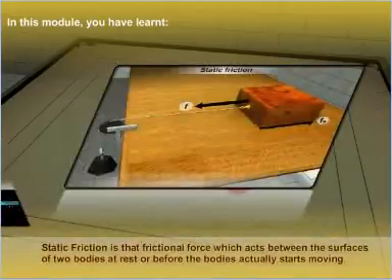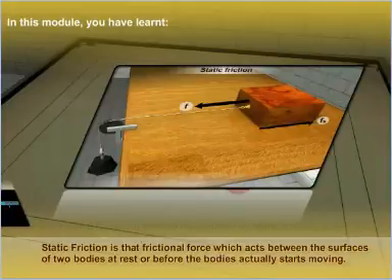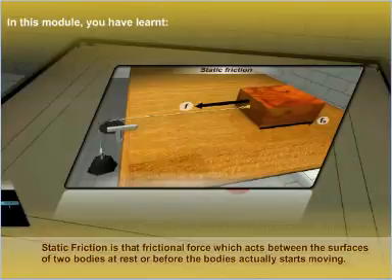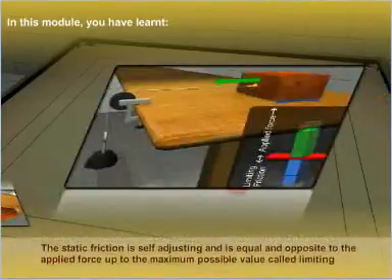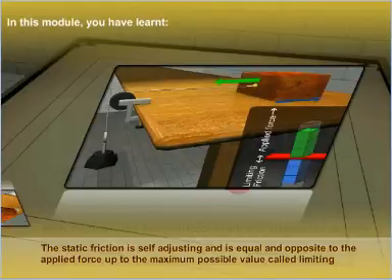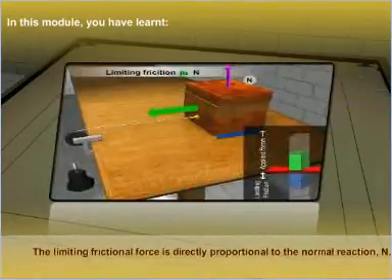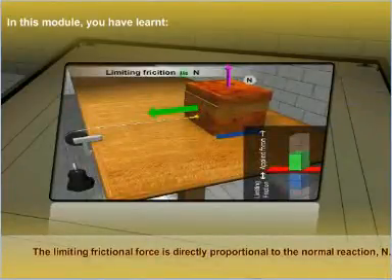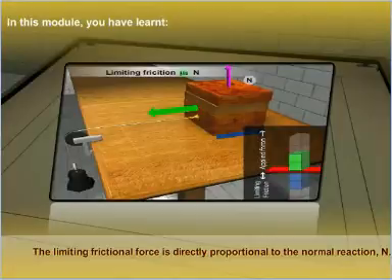Static friction is that frictional force which acts between the surfaces of two bodies at rest or before the bodies actually start moving. The static friction is self-adjusting and is equal and opposite to the applied force up to the maximum possible value called limiting friction. The limiting frictional force is directly proportional to the normal reaction N.